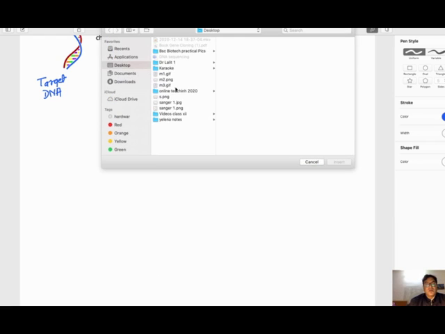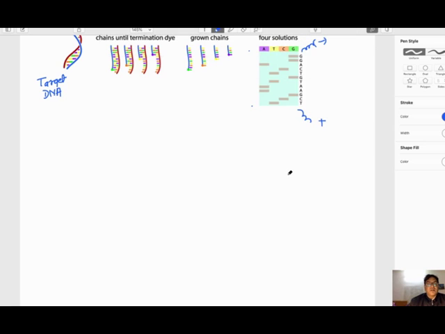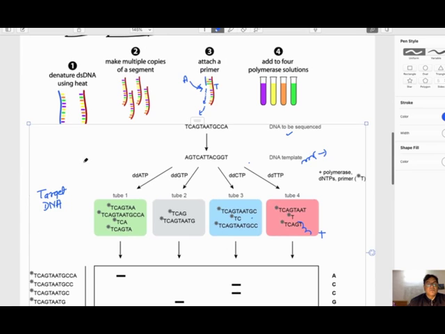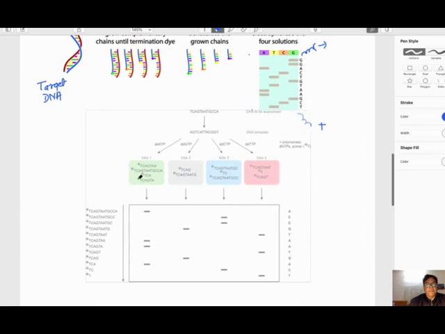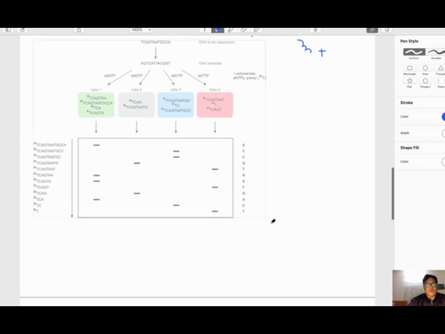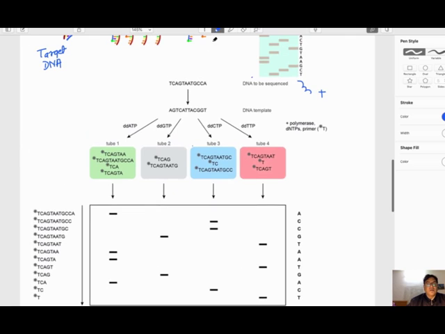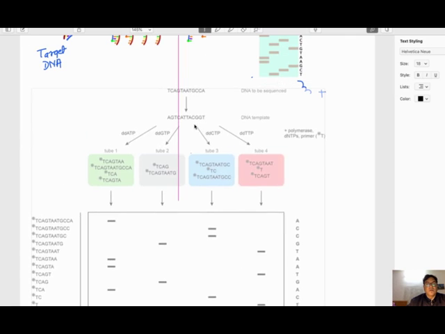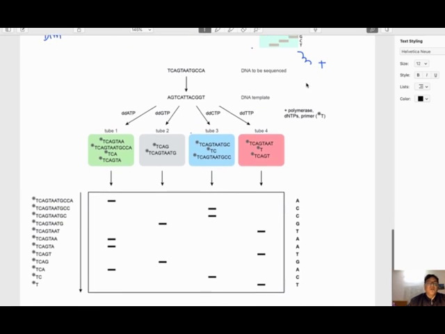If you look at this diagram, I hope now it is clear.